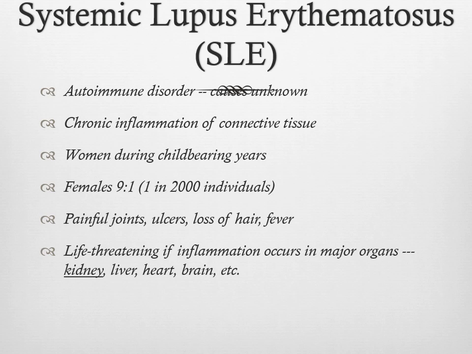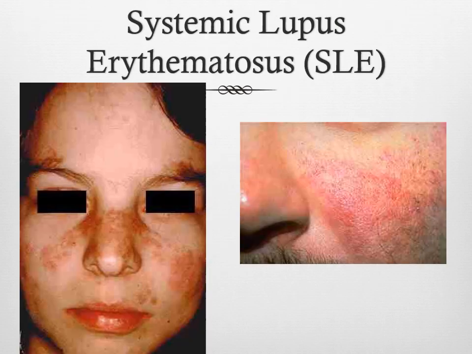Another type of connective tissue disorder is lupus, or systemic lupus erythematosus is one particular kind. With this, we tend to see a preponderance of women that are diagnosed, and so it is far more females than males that become diagnosed with lupus. It causes inflammation in and around the organ systems themselves.